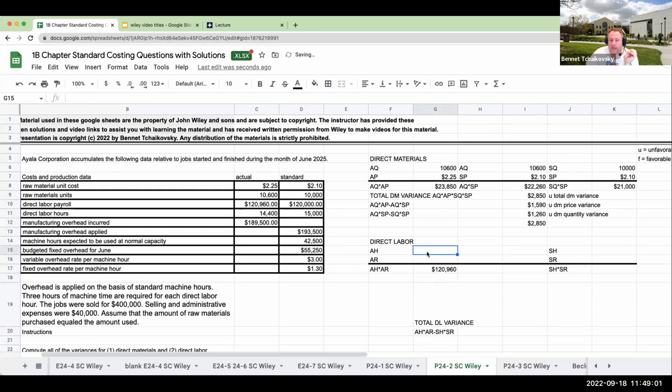My actual hours used were 14,400. What that means is my actual direct labor rate is $8.40. If I take 14,400 direct labor hours and multiply it by 8.40, I'm going to get 120,960.